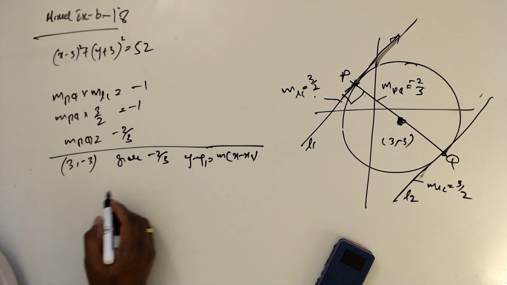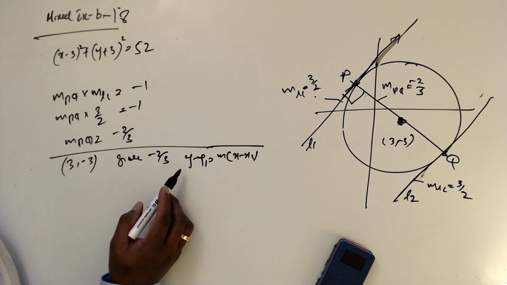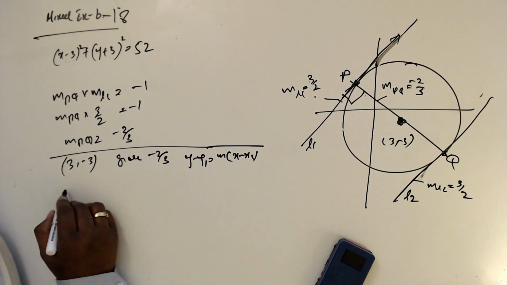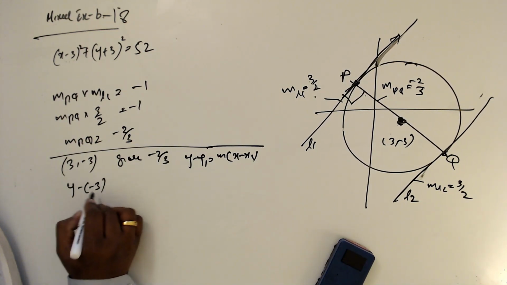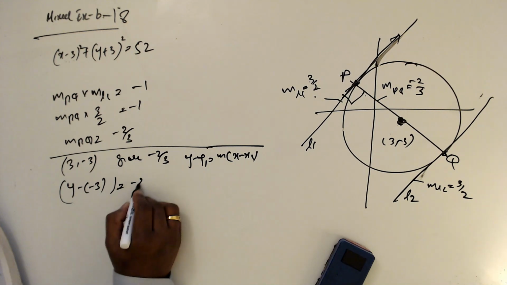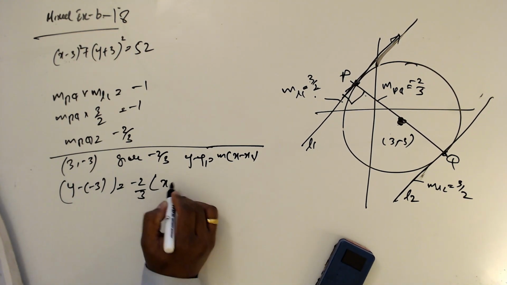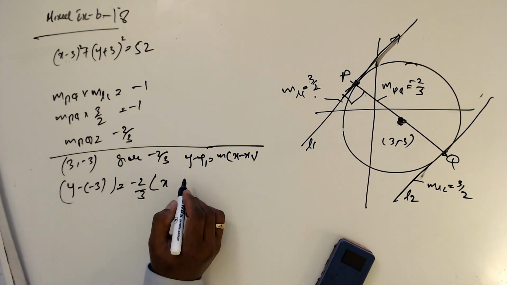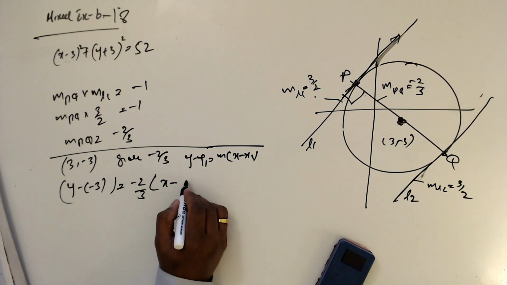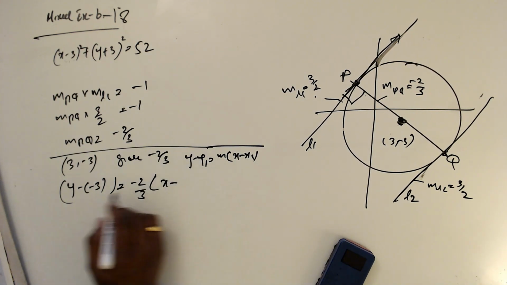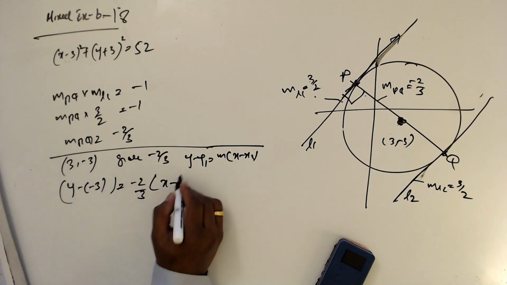So y minus y1, y minus minus 3, times m, minus 2 over 3, x minus 3.